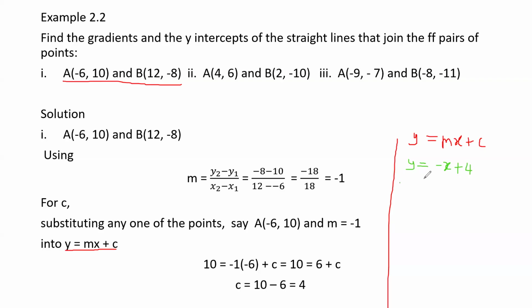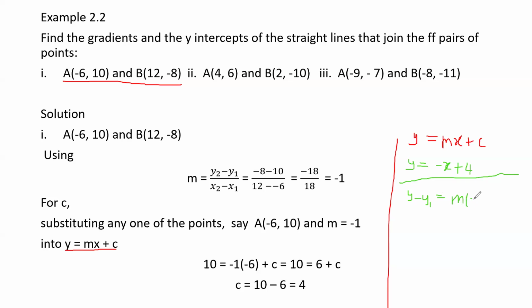Okay. Now let's see the other way, if you want to get the equation straightforward. After getting your gradient, you can have it as y minus y1 that will be equal to m into bracket x minus x1.